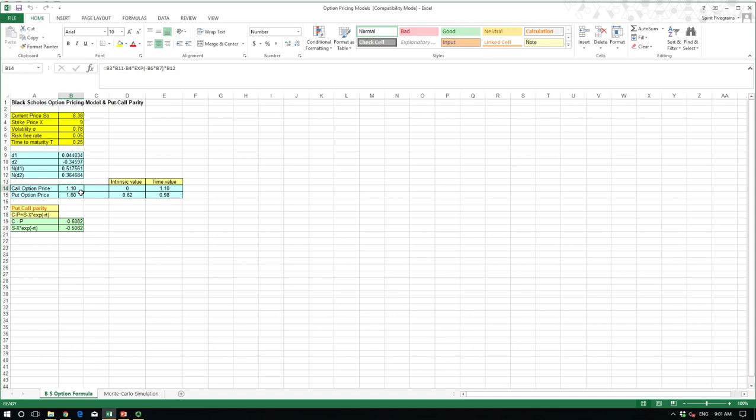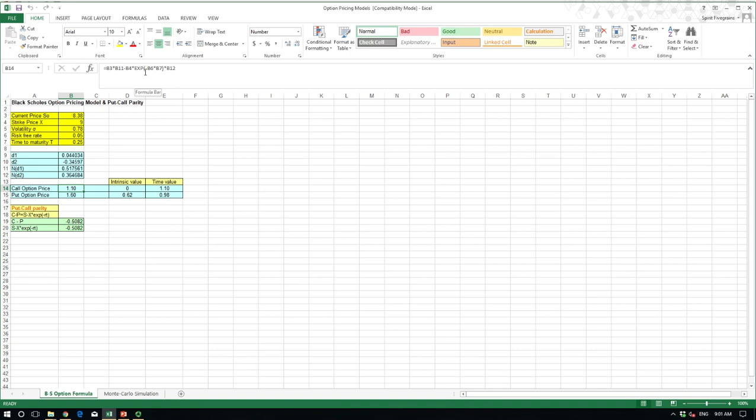And in this cell, for the call option price, we just put the call option pricing formula based on Black-Scholes research: N(d1) times stock price minus N(d2) times the strike price, with continuous discounting.